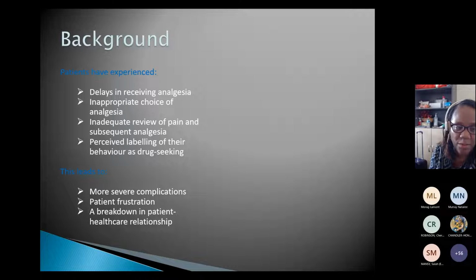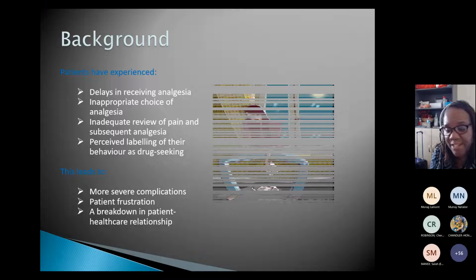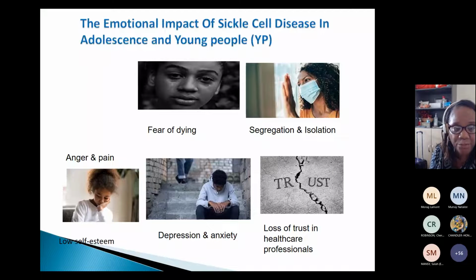So again, it's talking about delays in receiving analgesia, inappropriate choice of analgesia medication, inadequate review of pain, and again, feeling and being perceived as drug seeking. And this again, sadly, can lead to more severe complications, patient frustration, and a breakdown with health professionals.